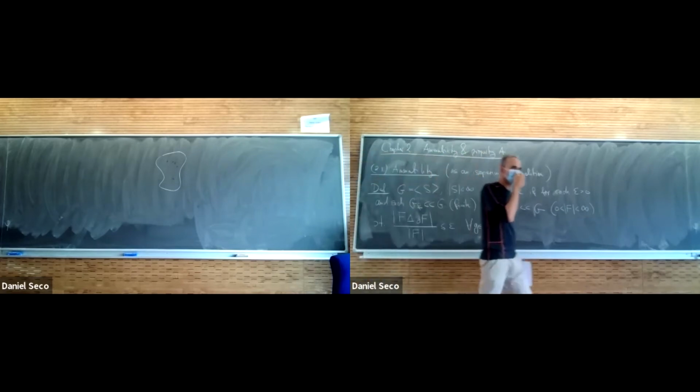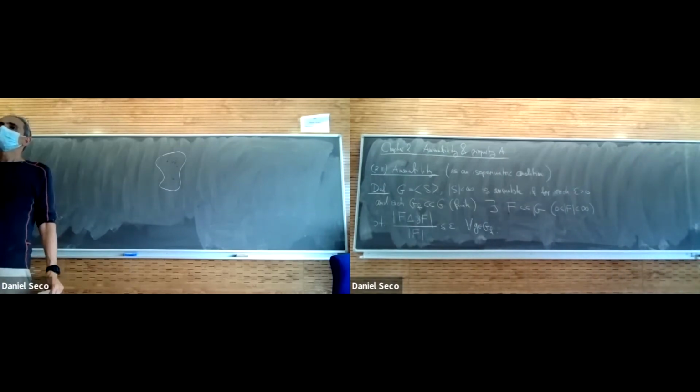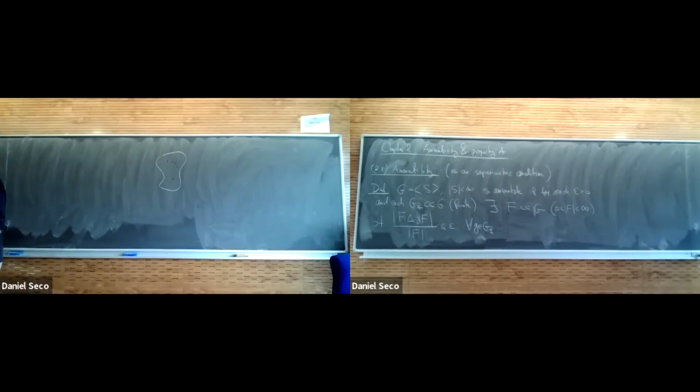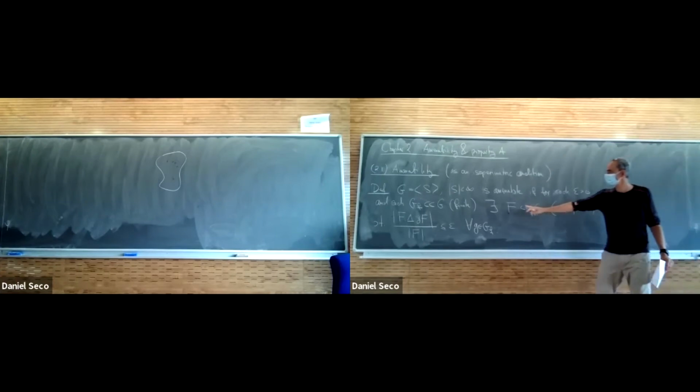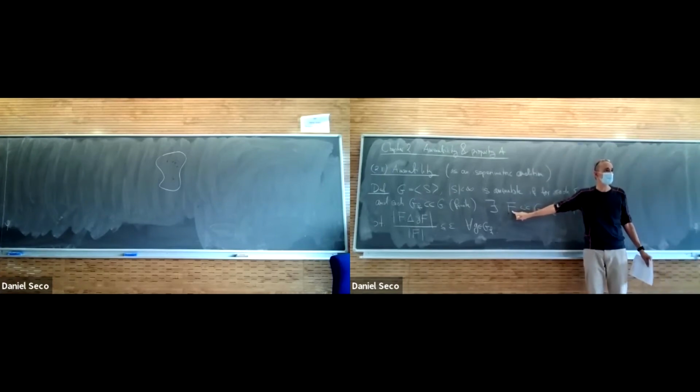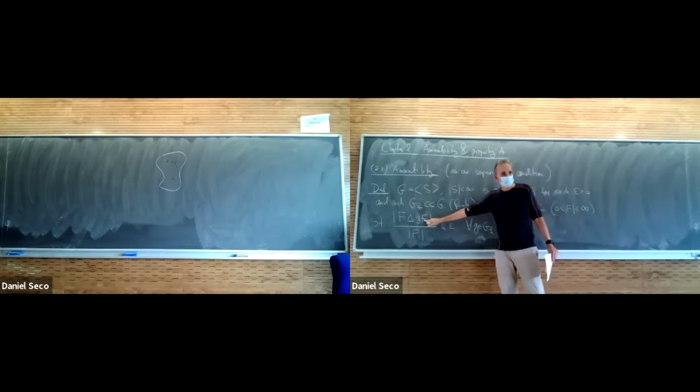So you're saying that your group is amenable if, for any error tolerance epsilon, you can find such a Fernando set, which is finite and not empty, that has essentially a boundary compared to the inside which is smaller than epsilon.